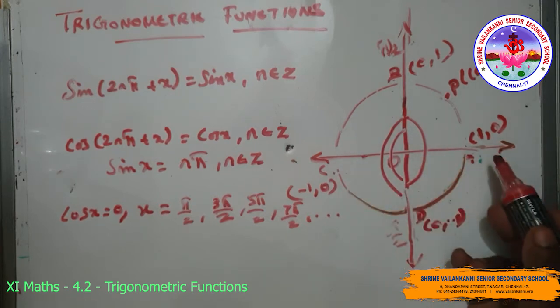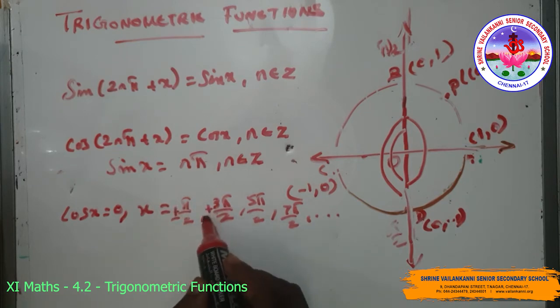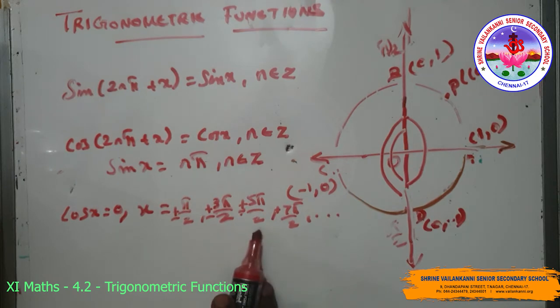If it revolves in the clockwise direction, then it is minus. So x takes values plus or minus pi by 2, 3 pi by 2, 5 pi by 2, 7 pi by 2, etc.